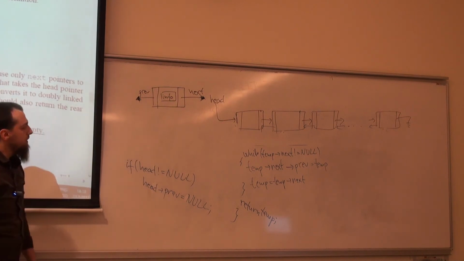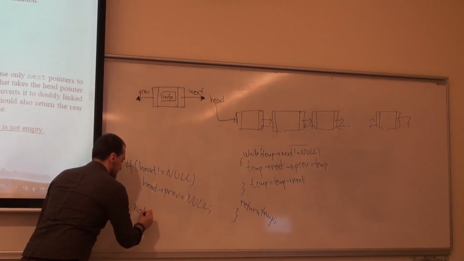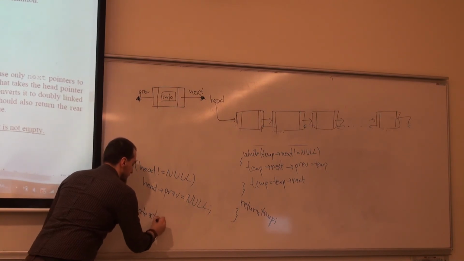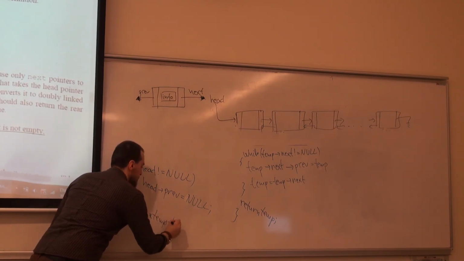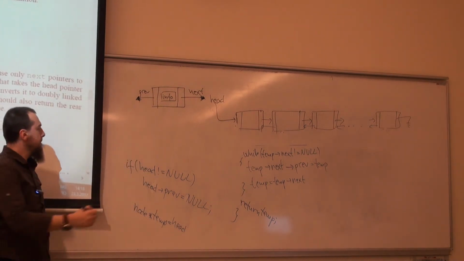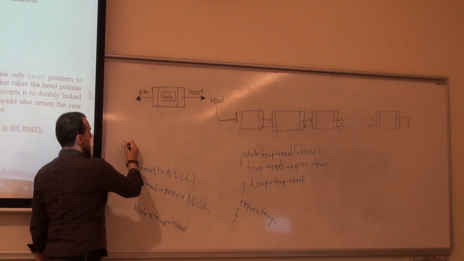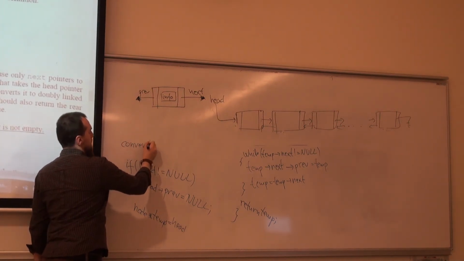Then here we declare that node temp, which is equal to head, and the name of the function in the end. Let's put it convert. Let's say the name is convert.